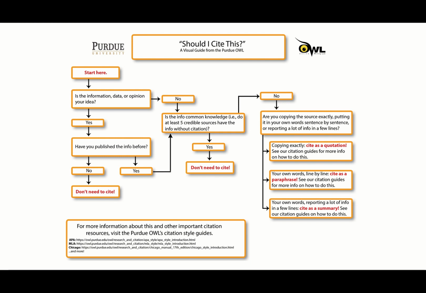I do want to note that if there is a specific term within your field that not many people know the definition of, that is something that you would need to cite. But for example, if you use the word university in a source, that is common knowledge. We all know what a university is. So that is something that you would not need to necessarily cite.